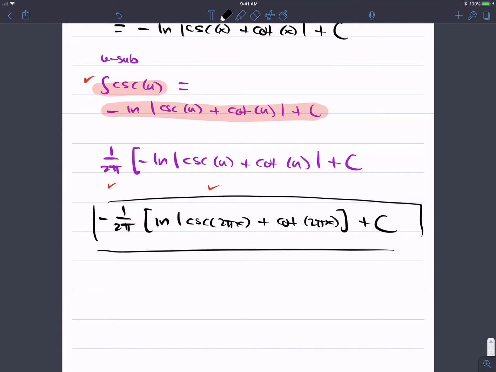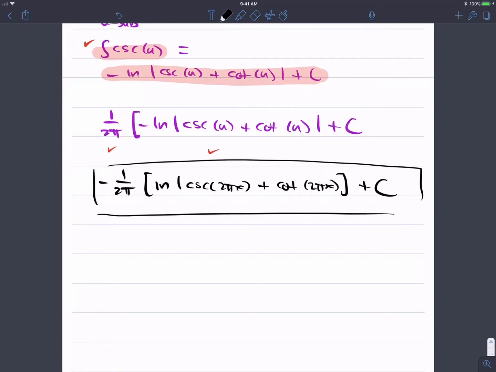So this is how we integrate cosecant and use it in a u sub format. Another example of this, here's the final example of our u sub. They want me to now integrate cosecant x over pi dx.